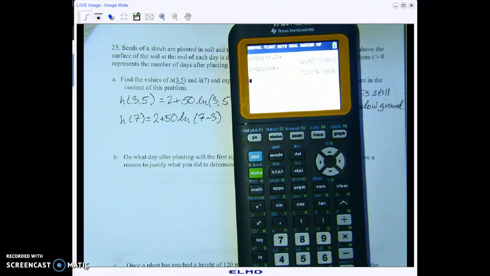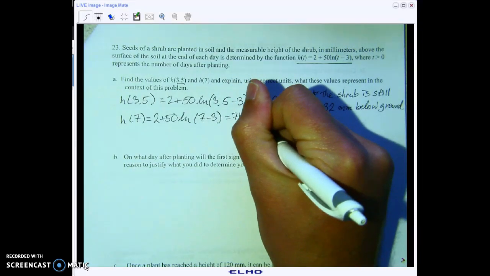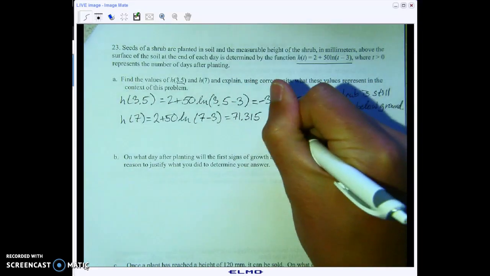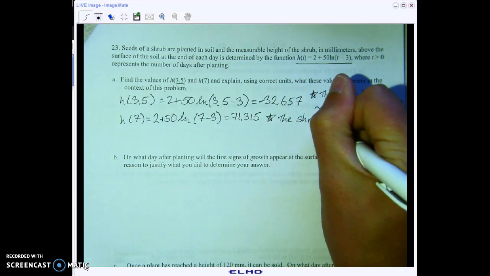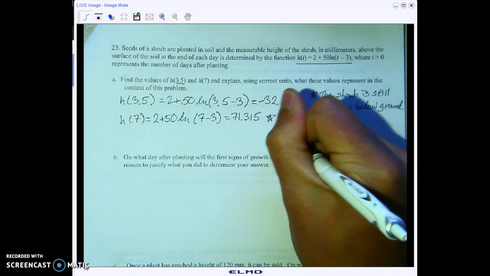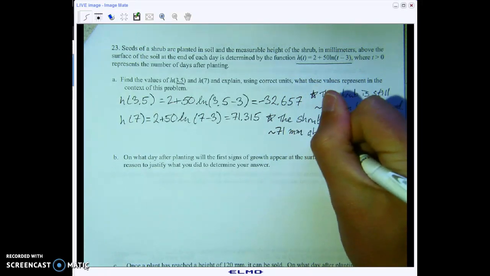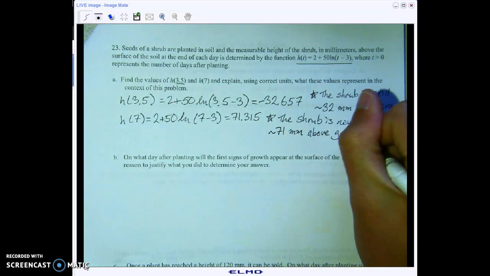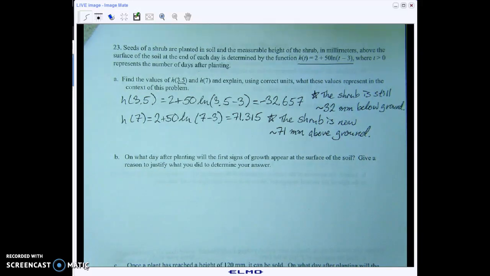It's 71.315, which means that the shrub is now 71 millimeters above the ground. Right? That's what that means.